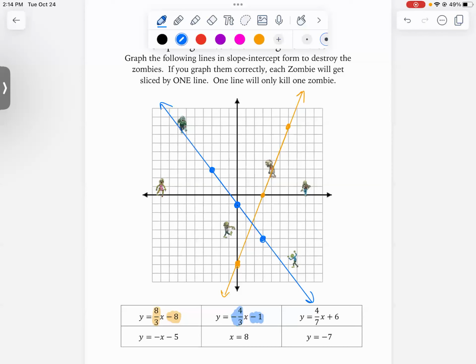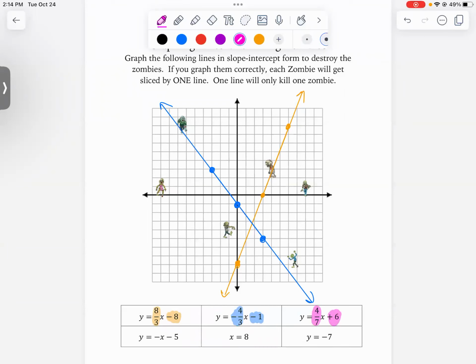If you go up, then your run needs to go to the left. Some of you are having trouble because you wanted to go down and left. That's 2 negatives. 2 negatives in division make a positive. You need to make sure that if you have negative slope, your line is falling.